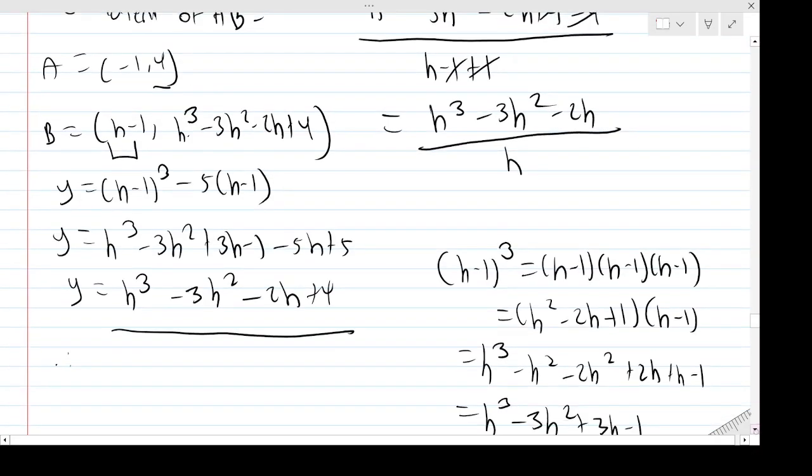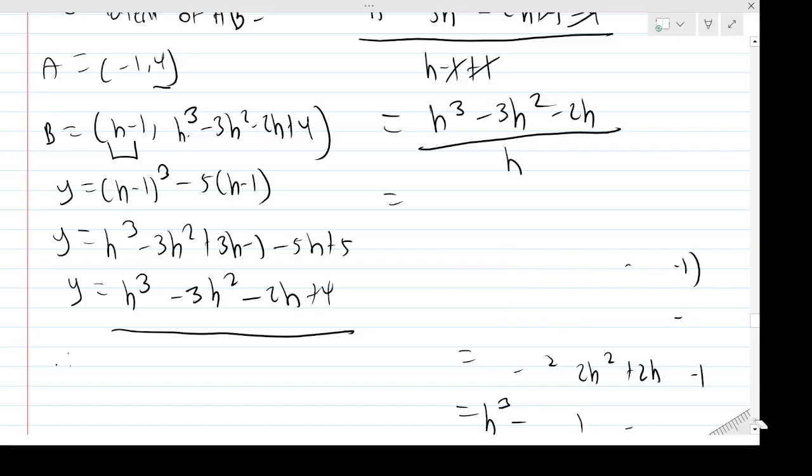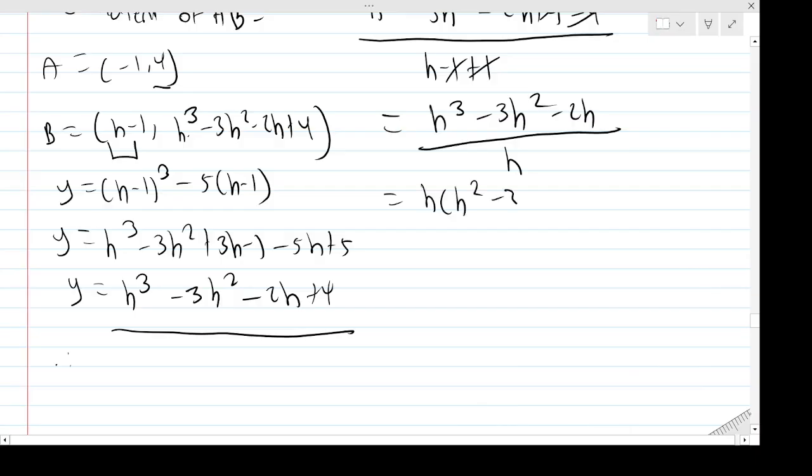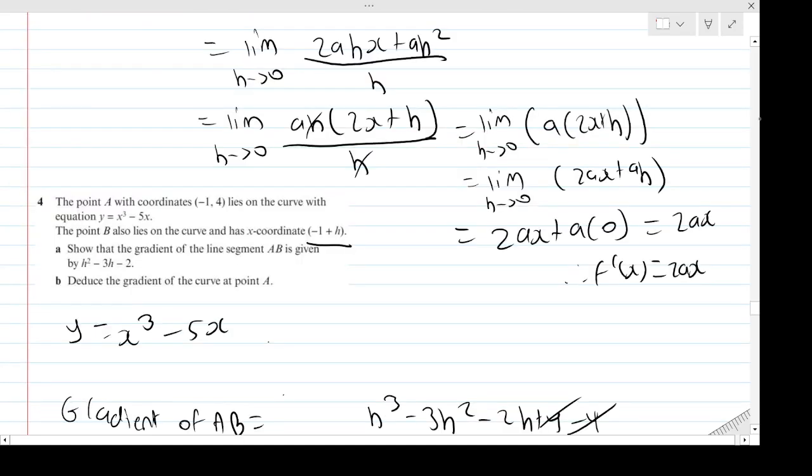And then I can factor an h out on the top. So if I do that, then I get h of h squared minus 3h minus 2 divided by h, and then the h will cancel to be left with h squared minus 3h minus 2. And there we are. That's part A done. We've shown that the gradient goes to this h squared minus 3h minus 2.